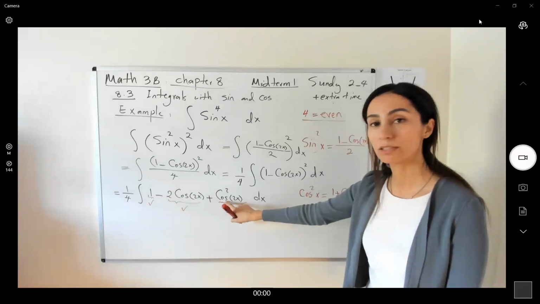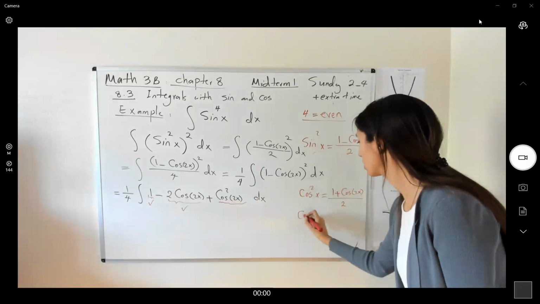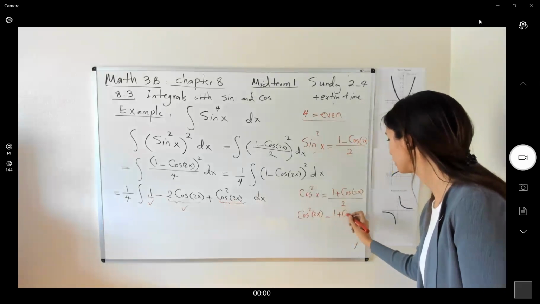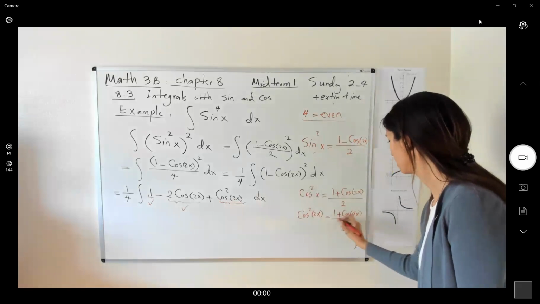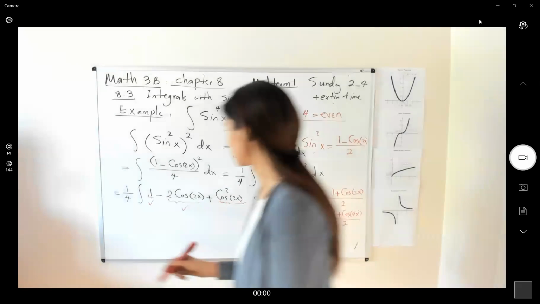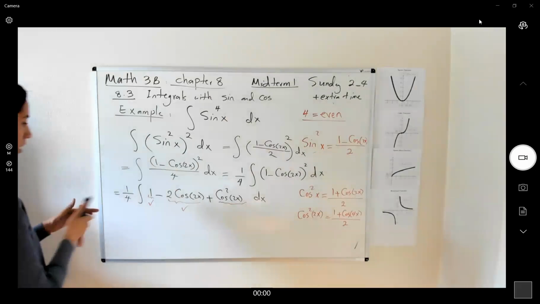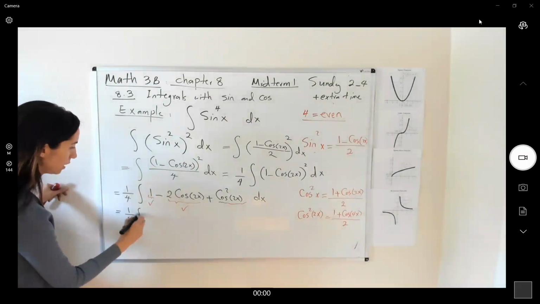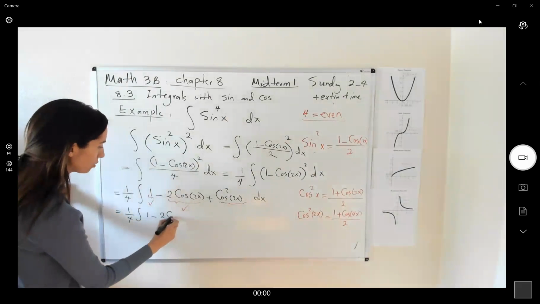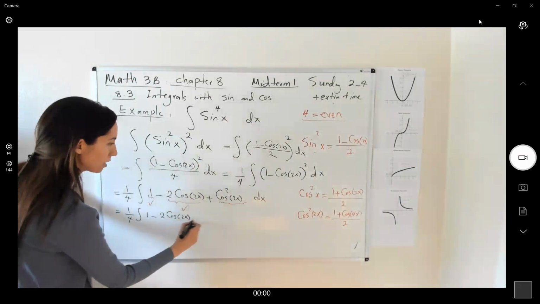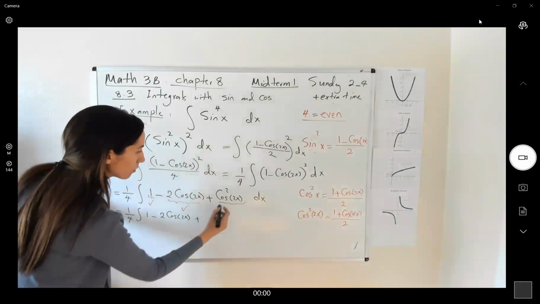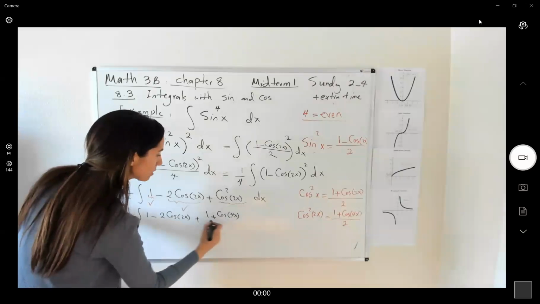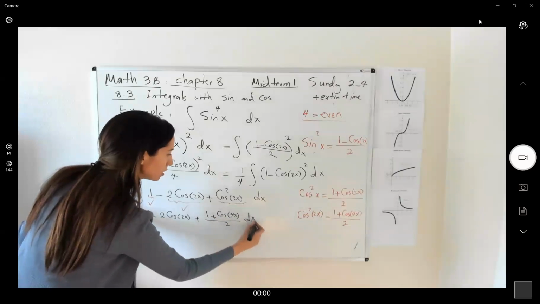Now here we have cosine squared of 2x. So cosine squared of 2x is 1 plus cosine 4x divided by 2. So this integral is equal to 1/4 times the integral of 1 minus 2 cosine 2x plus, for cosine squared, 1 plus cosine 4x divided by 2, dx.